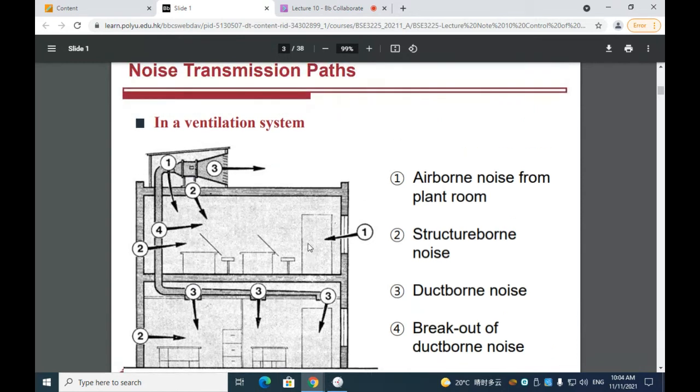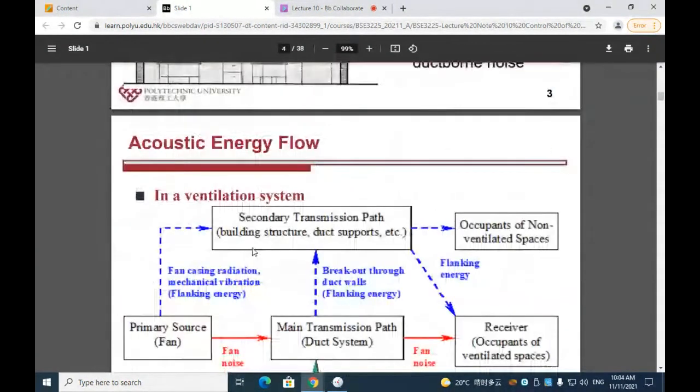Okay, so the fourth noise transmission path is the breakout of duct-borne noise, as point 4. If there are some breaking points along the duct, it will also transmit noise, as shown here.